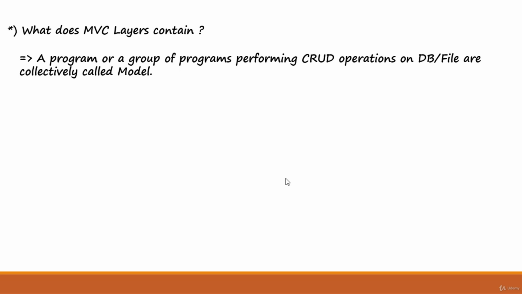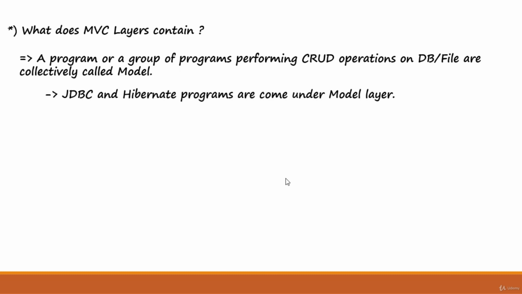We will see a diagram of how the MVC architecture execution flows end to end. JDBC and Hibernate programs come under the model layer because those logics are persistence logic, used to perform CRUD operations on relational databases, either Oracle, SQL Server, MySQL, anything.